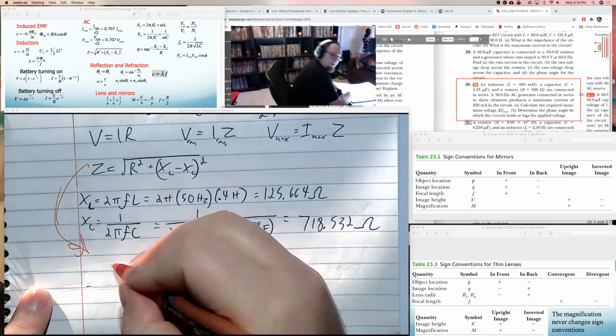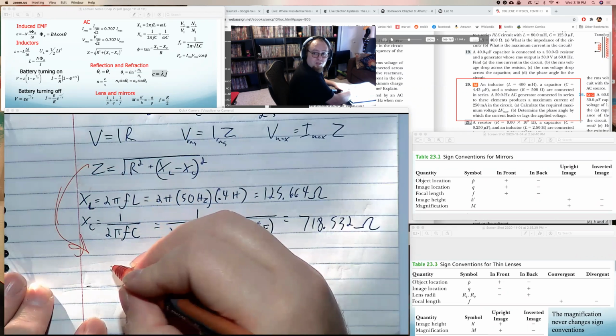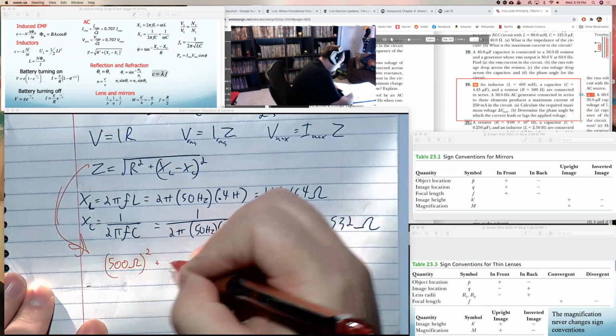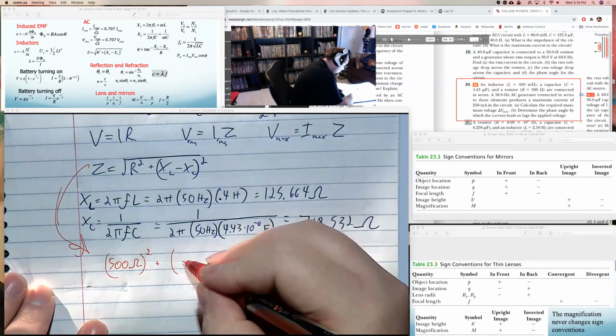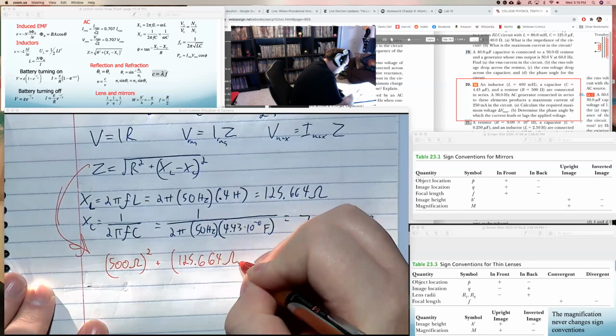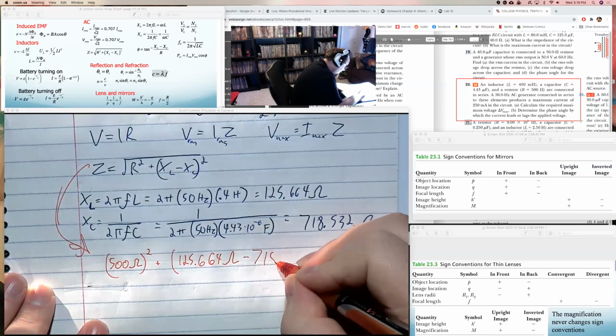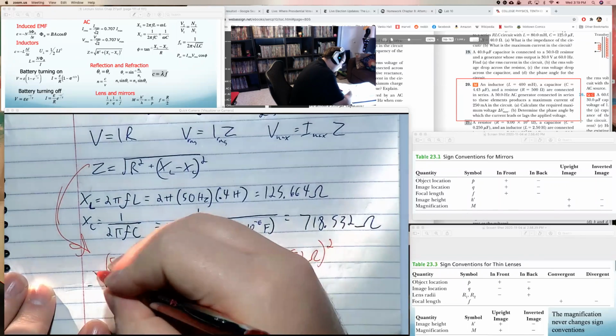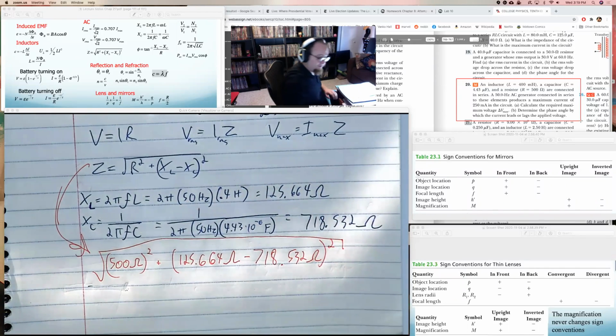And say Z is going to be the square root of R squared, which was 500 ohms, plus XL, 125.664 ohms, minus XC, 718.532 ohms, squared.